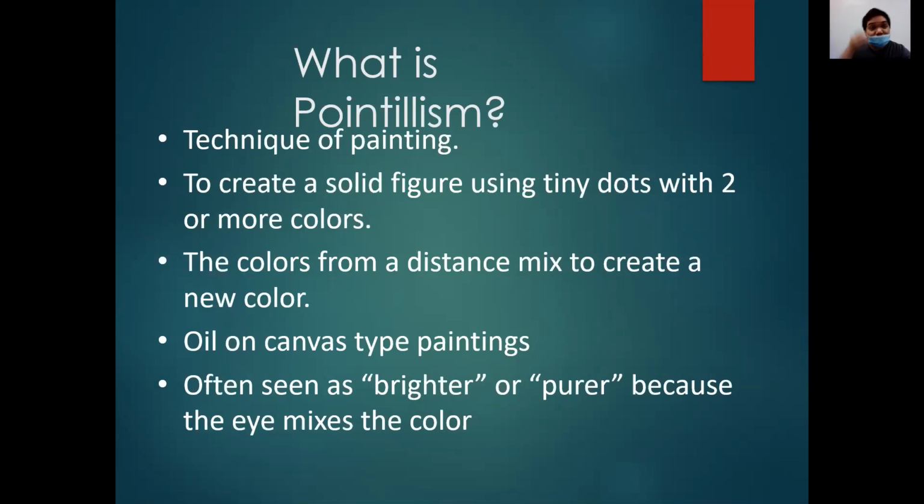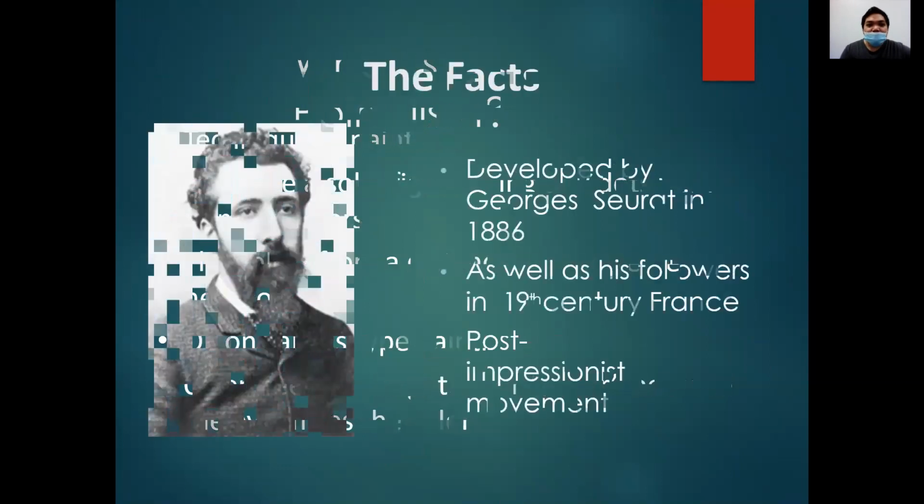You can use only one color, but to make your artwork more beautiful and appealing, we use colors. The colors from a distance create a new color. You can use oil on canvas or you can use markers or colored pens. It is often seen as brighter or purer because the eye mixes the colors.